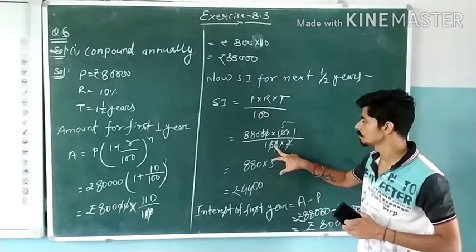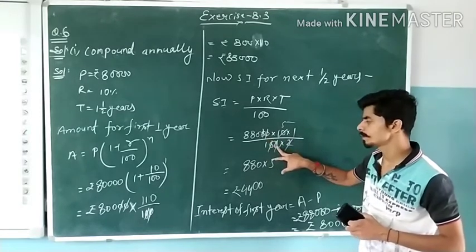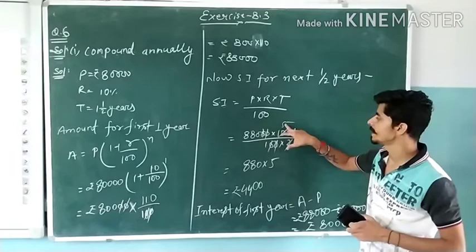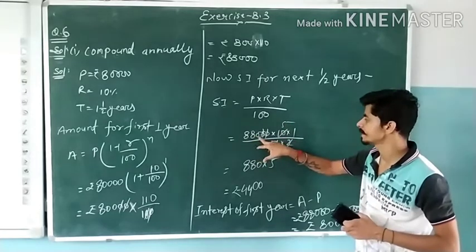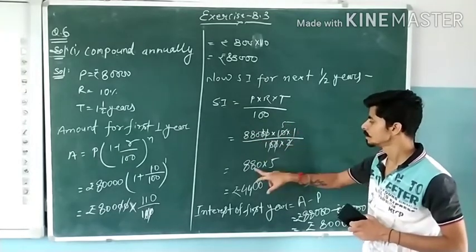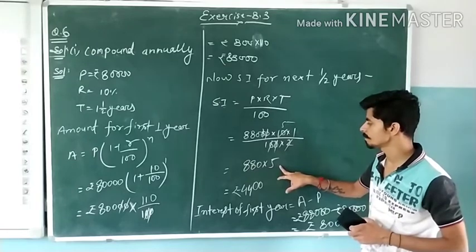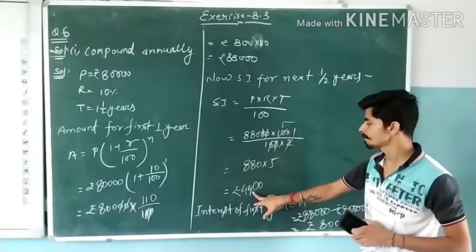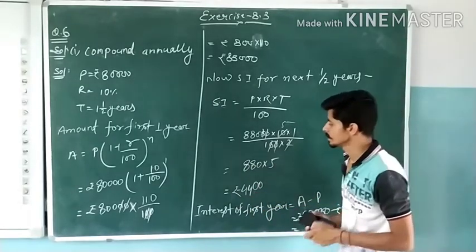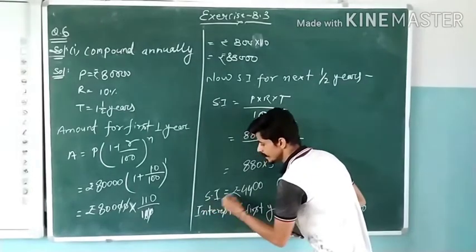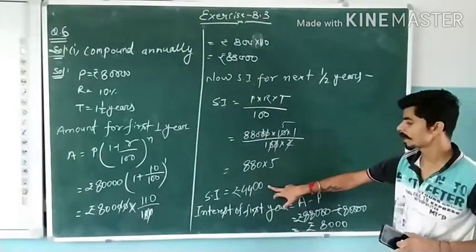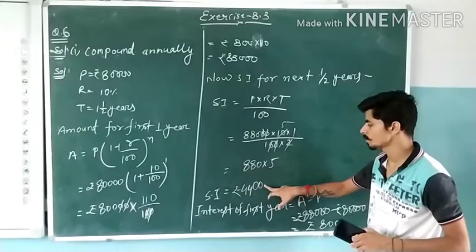Now the zeros will be cut, 2 will divide 10 five times, so 885 and 1 will be remaining. We multiply these numbers and this becomes the simple interest, and the simple interest of the half year is rupees 4,400.